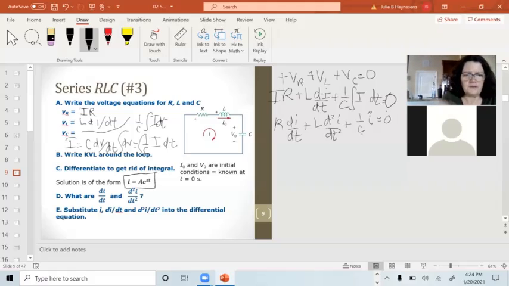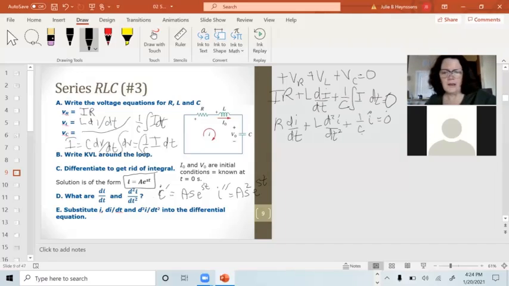My solution is of the form some constant A times e to the st. So the derivative of I with respect to t, I'm just going to write I prime, would be A s e to the st. And the second derivative, I double prime, is going to be A s squared e to the st. So this math should be familiar to everybody who's made it this far into this class.